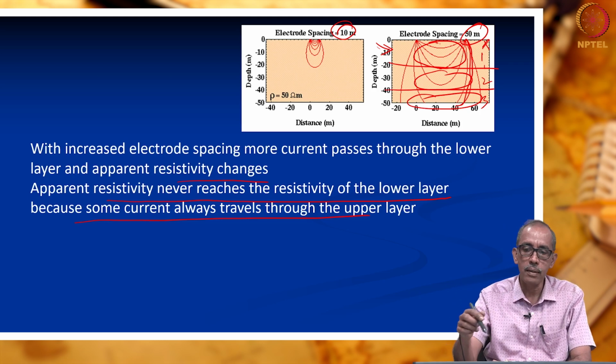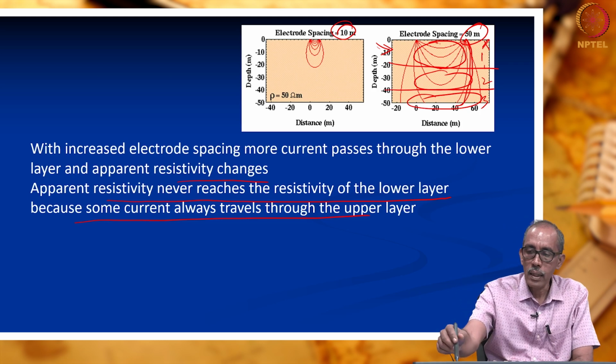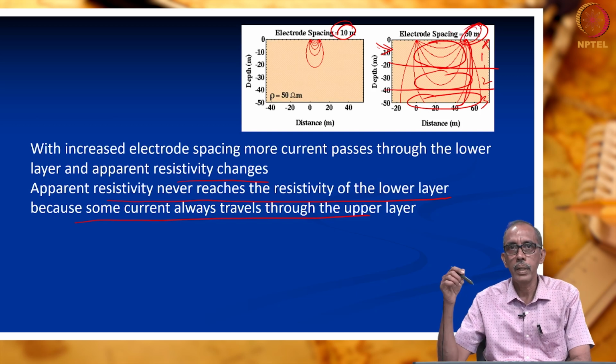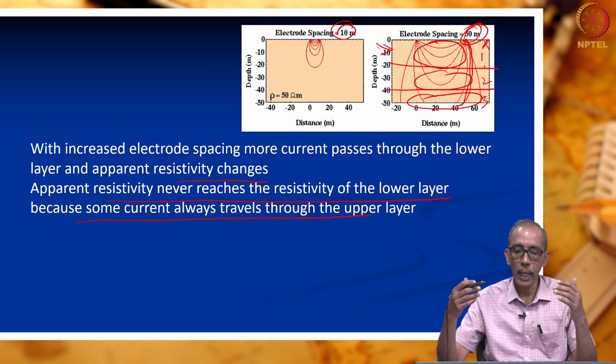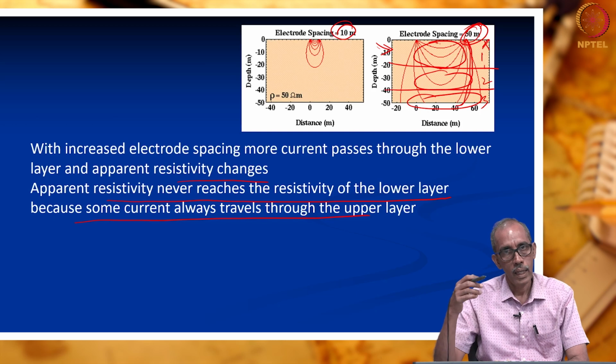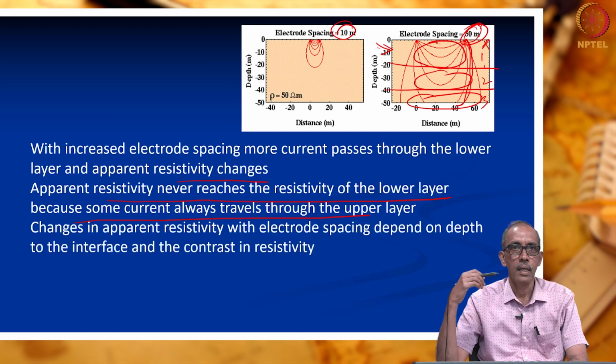Whereas in this case, the apparent resistivity which we are going to measure for an electrode distance of 50 meters will not be equivalent to the true resistivity of the lowermost layer. Why? Because there are a couple of other layers above that, and the current actually passes through all of them. So, we get the combined effect of all these three layers.